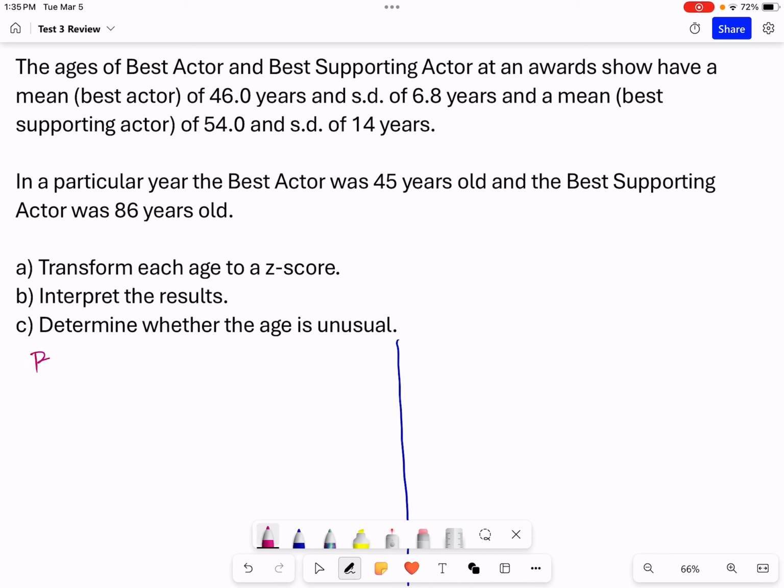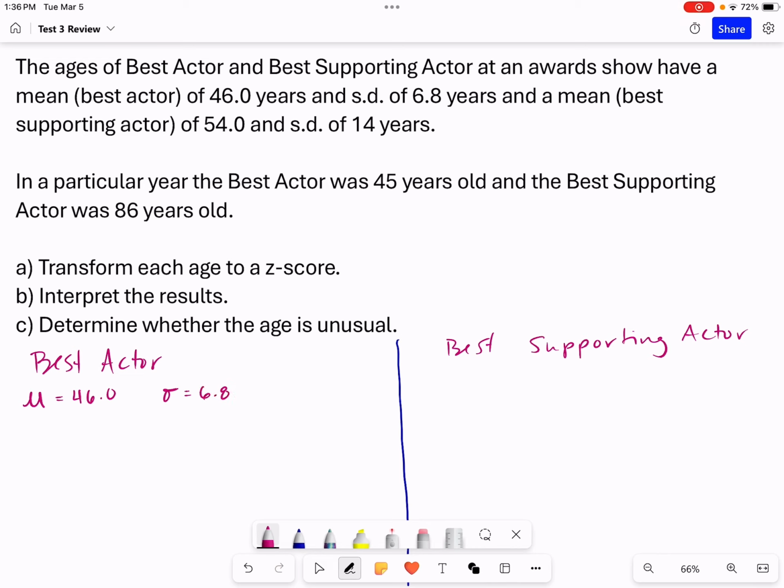and I'm going to do Best Actor and Best Supporting Actor. So for the Best Actor, we have a mean of 46.0 years and a standard deviation of 6.8 years.